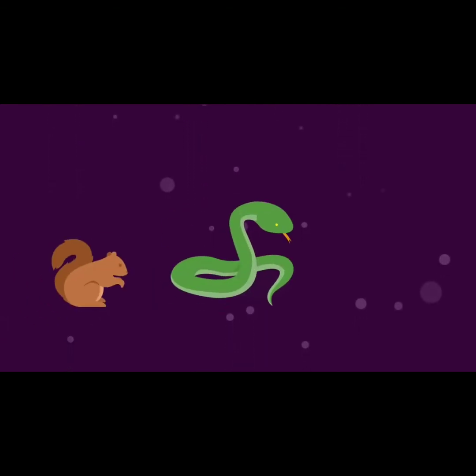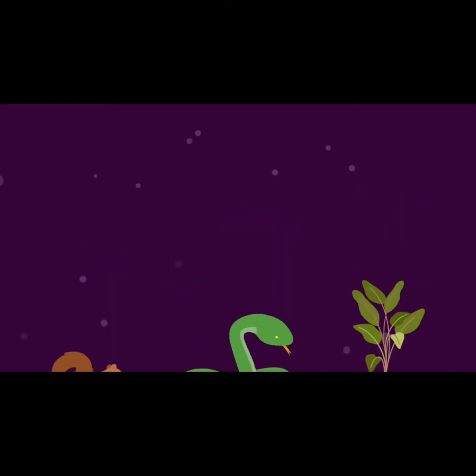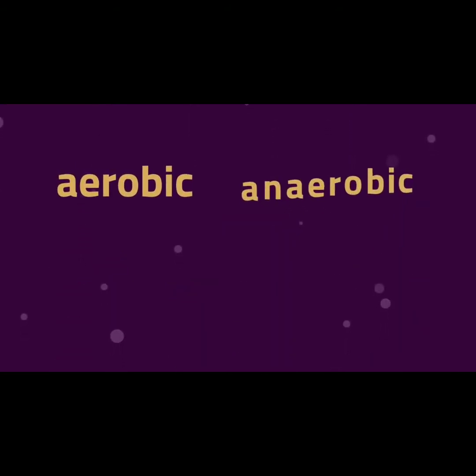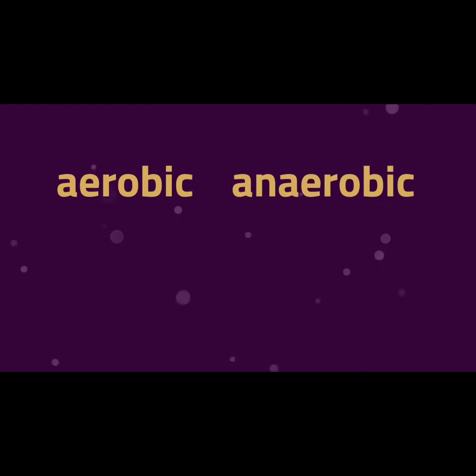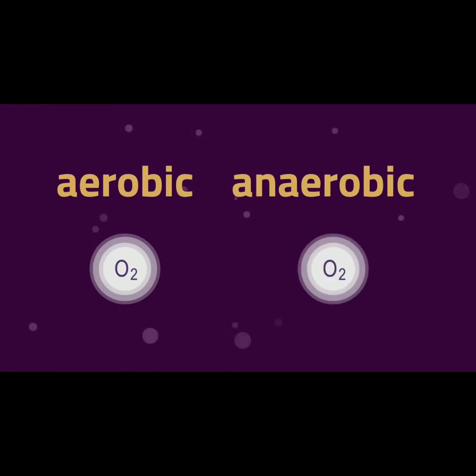It happens in all living cells, not just plant and animal cells, but also blood cells. There are two types of respiration: aerobic and anaerobic respiration. Aerobic means with air and so needs oxygen, whereas anaerobic respiration doesn't need oxygen.